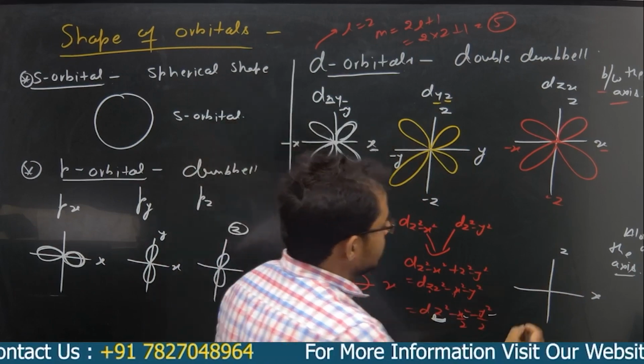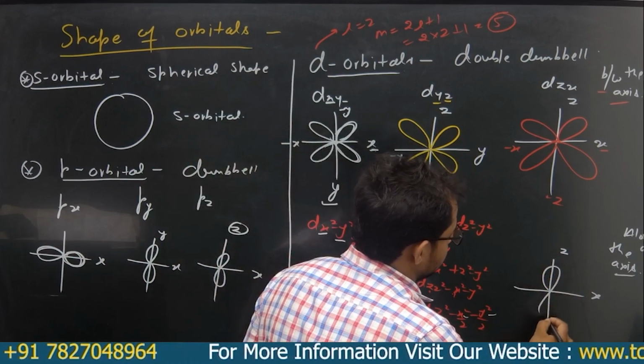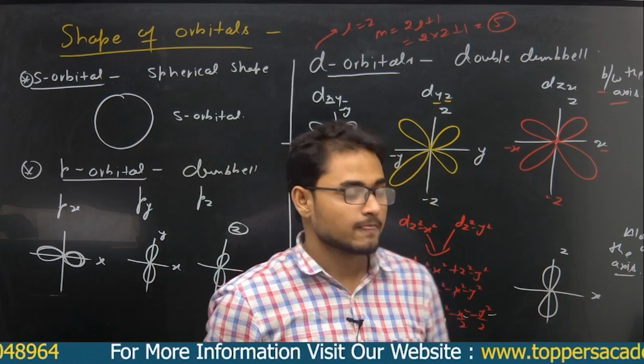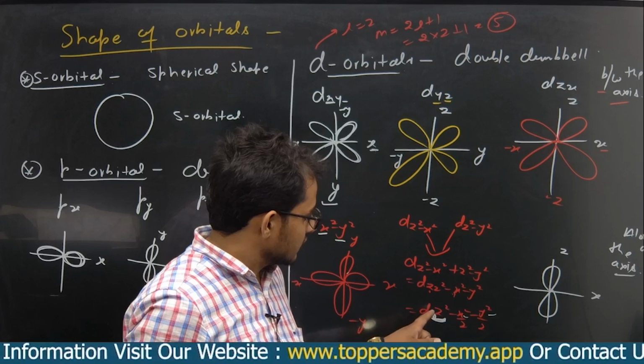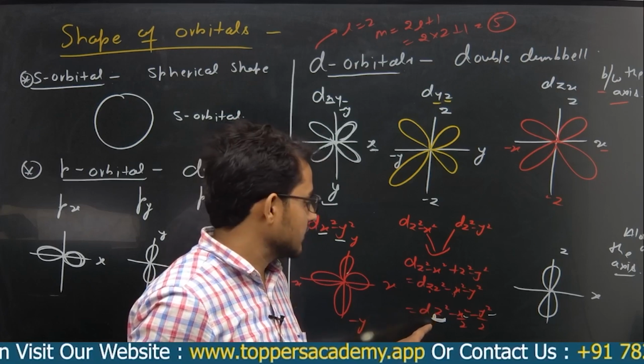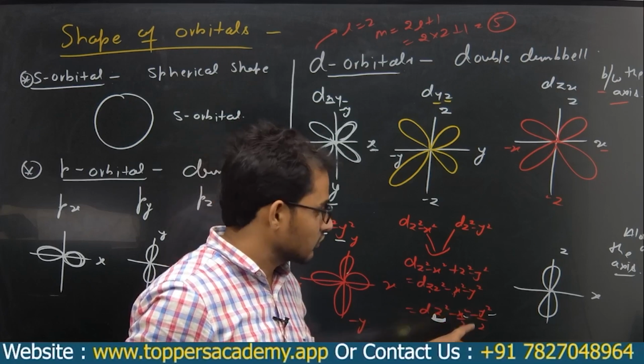On the z axis, you can see that it is z square, but it is x square by 2 and y square by 2.